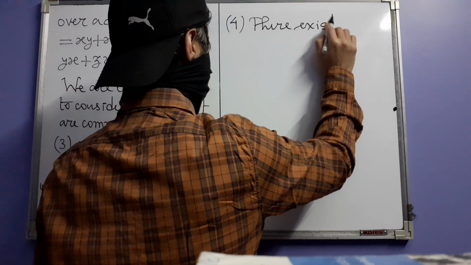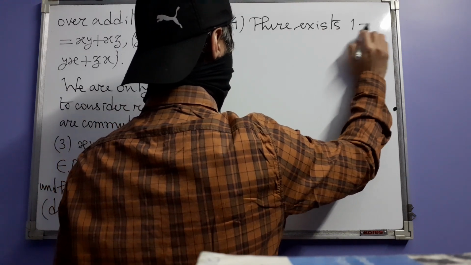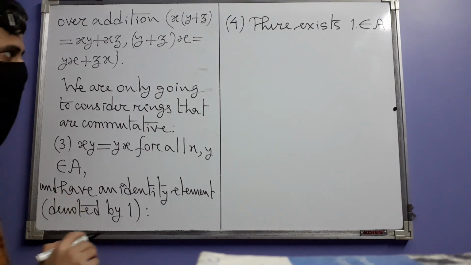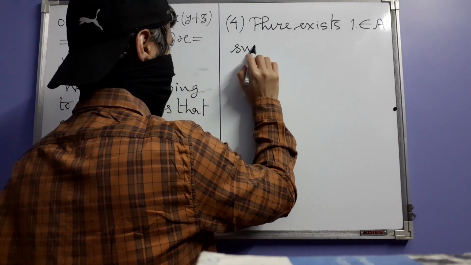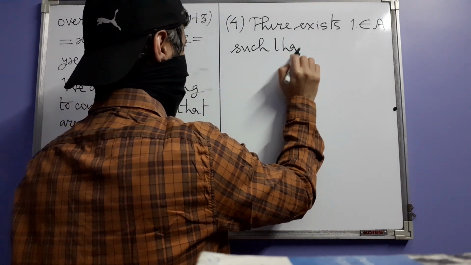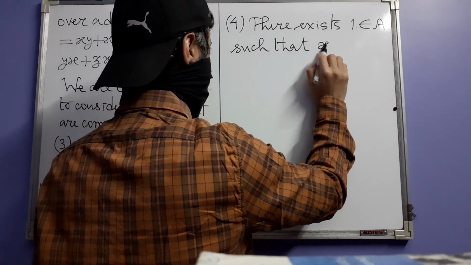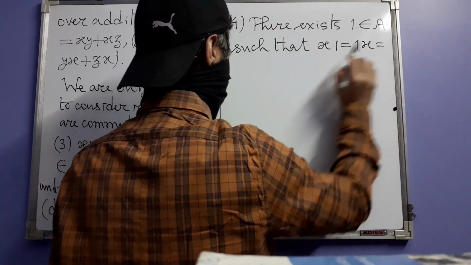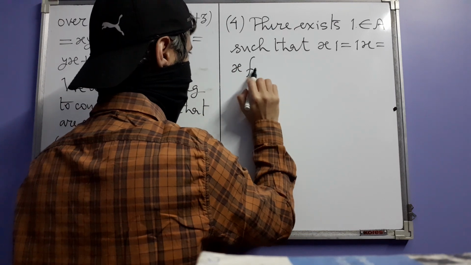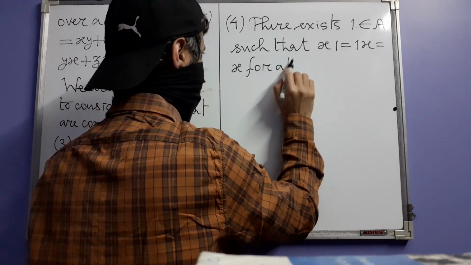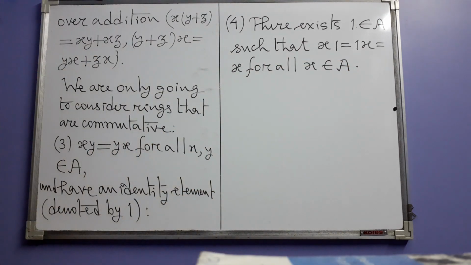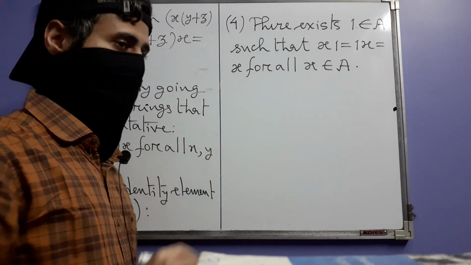There exists an element which we denote by the symbol 1 in A, such that x1 equals 1x equals x for all x in A. And this element is unique.